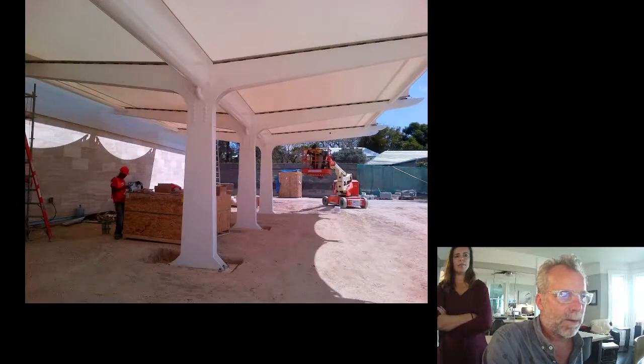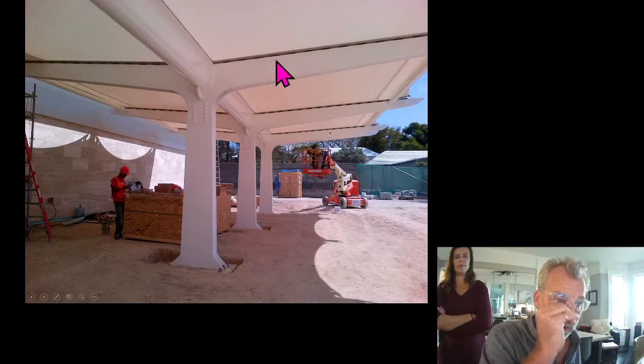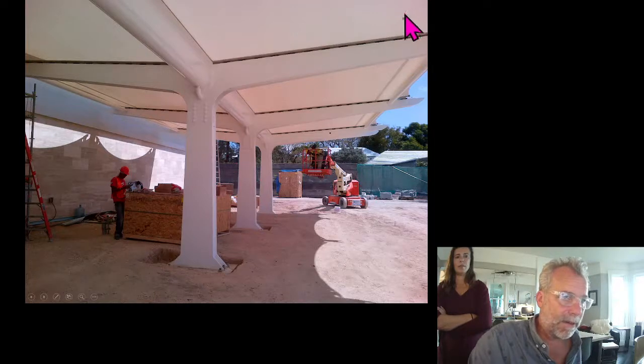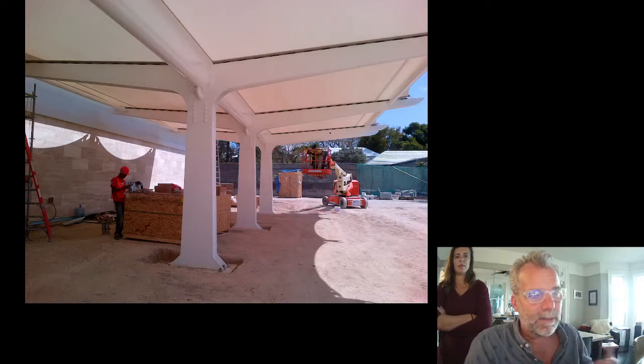Right, this is the Bermuda one. So columns rather heavy looking. On the other hand, they were designed for hurricane loads, and this has stood up to several hurricanes now. This fabric is flat, so normally fabric is form active, meaning that it gains its strength from its form, but fabric is extremely rigid and extremely strong.